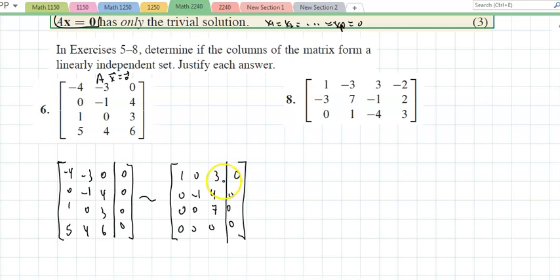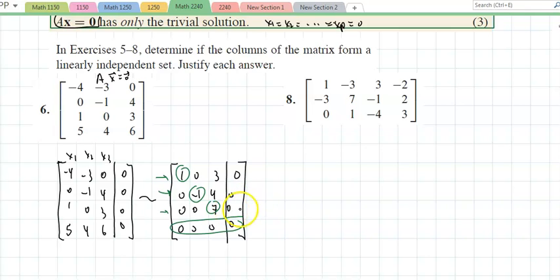Now, if I look at this, remember pivot points. It turns out this is extra. This is not a free case. This is not x, this is x1. This is x2. This is x3. There are only 3 of those. So I'm looking at the columns, right? There are 3 pivots.